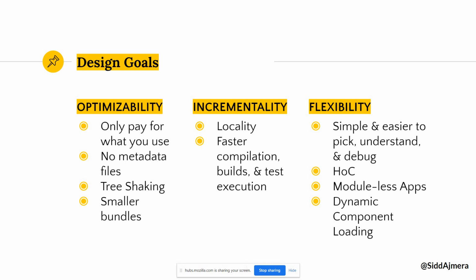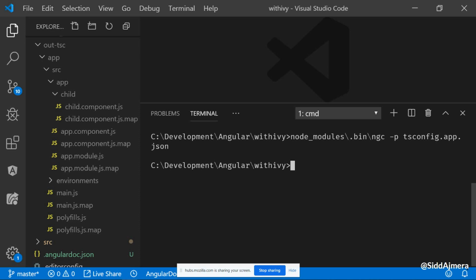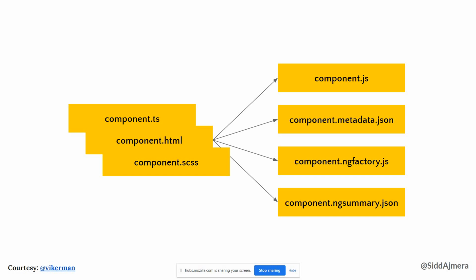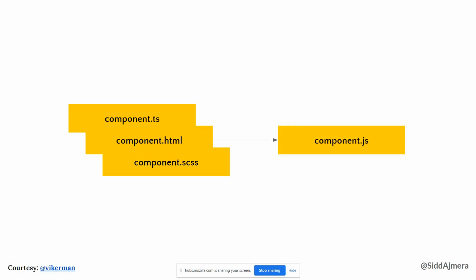One such thing is not generating any metadata files while running the Angular compiler, especially in the case of components. Whenever you run ngc, which eventually runs the Angular compiler, instead of files like the metadata file, the ng factory file, and the ng summary file that it used to generate at the time of View Engine, it now generates just one file, which is the component.js file.